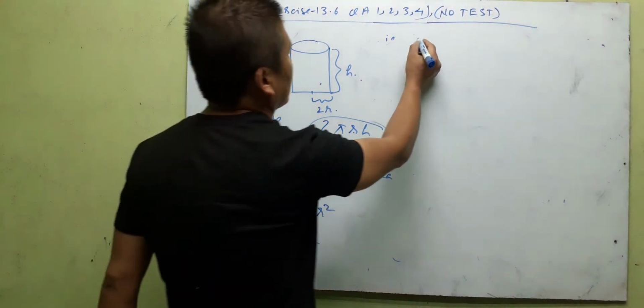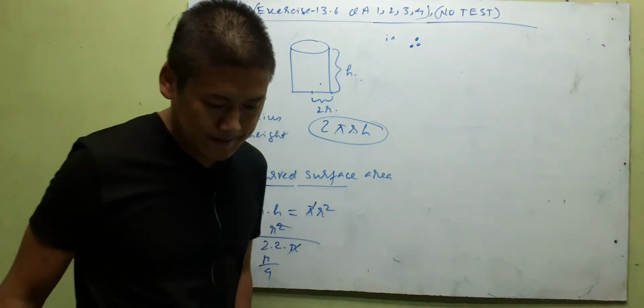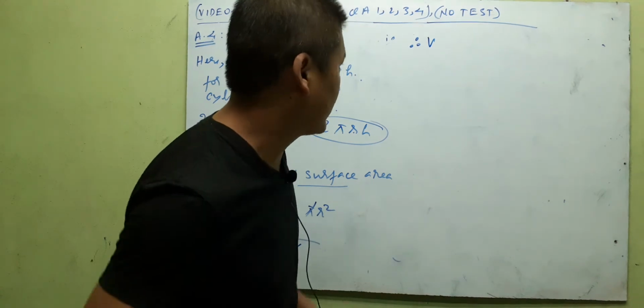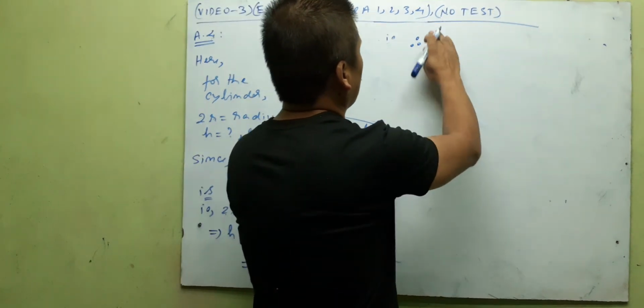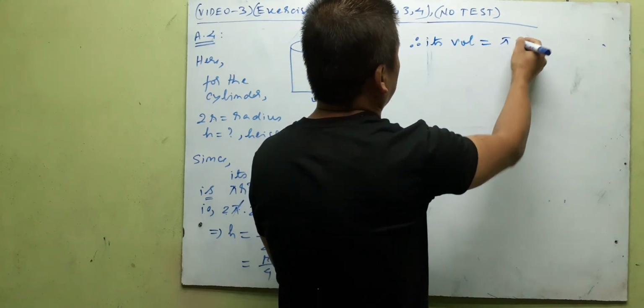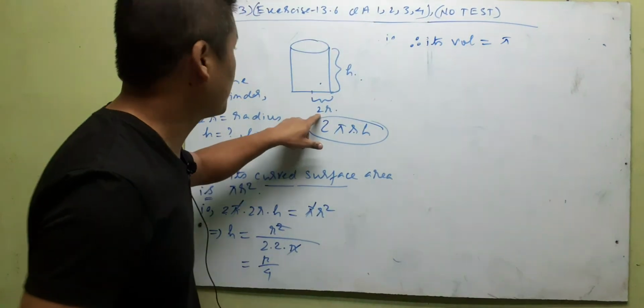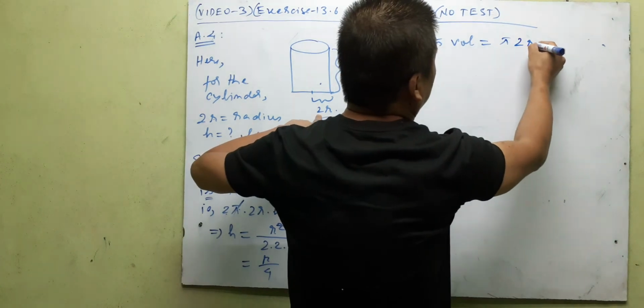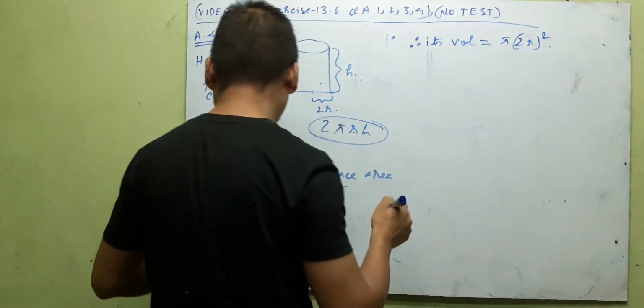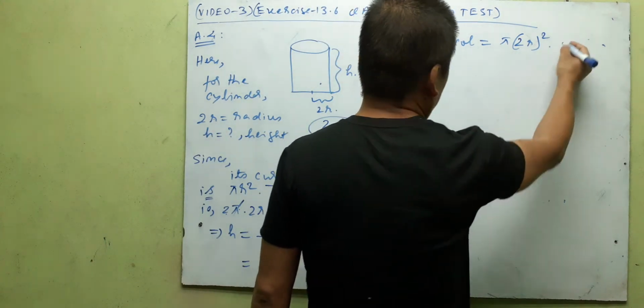So therefore the question is asking us volume. So let us write down volume. Therefore its volume of cylinder is pi r square h. Now be careful, r here is 2r. So 2r means 2 factors, the bracket is a must. Pi r square h, here h, so just put there h.